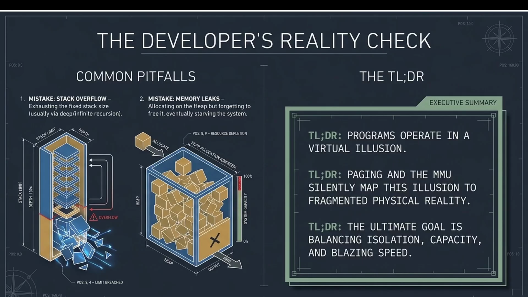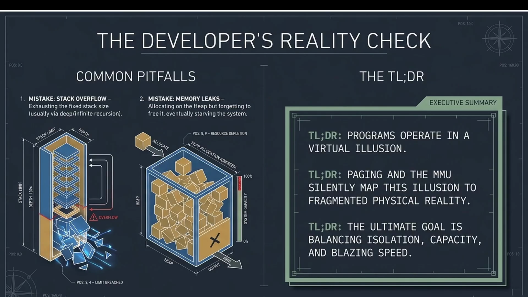Okay, let's go for the last. We have common pitfalls when it comes to memory management. One is stack overflow. As we have talked before, the stack is limited, right? If you are trying to have recursion, calling a function again and again, so many times that the stack cannot handle it, a stack overflow happens where the limit is breached.